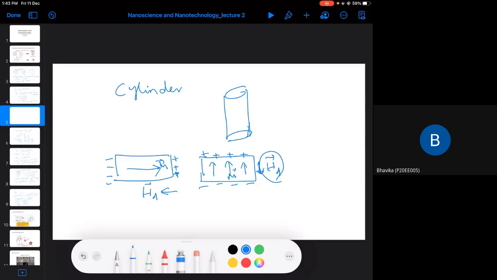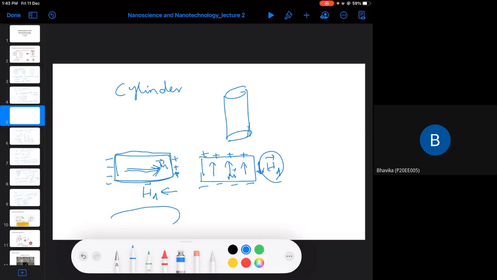Typically, if I take such a geometric shape, like a rectangle or a bar, the magnetization will preferentially stay along the long axis rather than along the short axis.